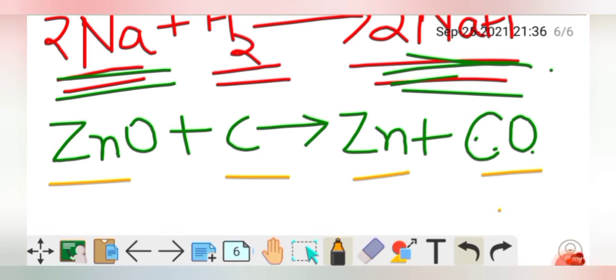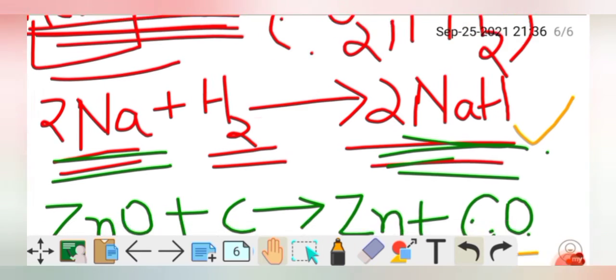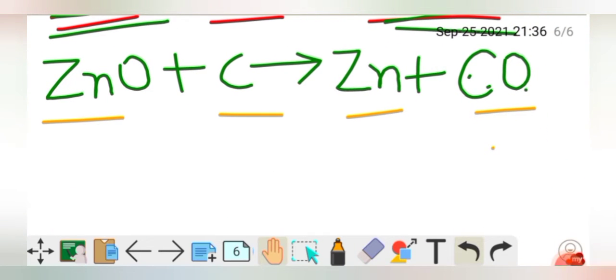The definition says removal of oxygen or addition of hydrogen. In the earlier reaction addition of hydrogen has taken place, and in this reaction removal of oxygen has taken place.